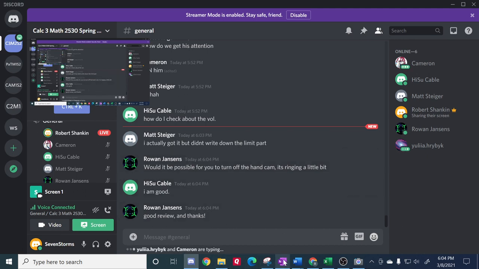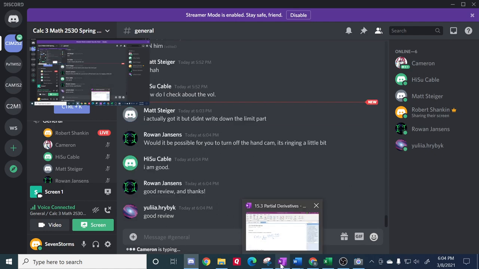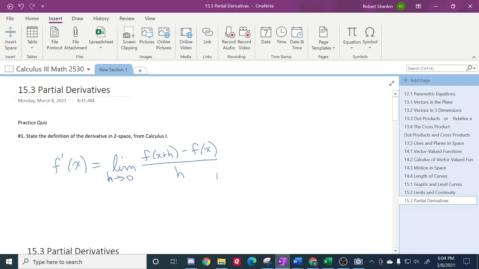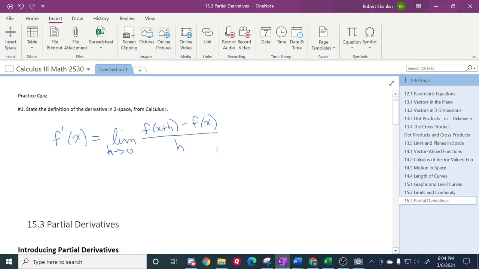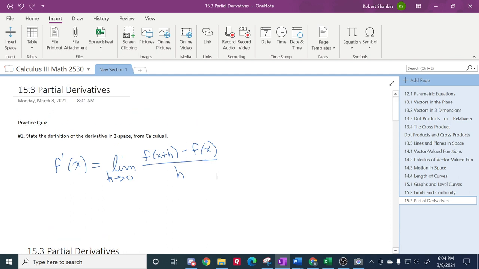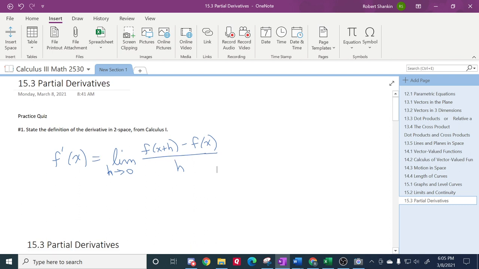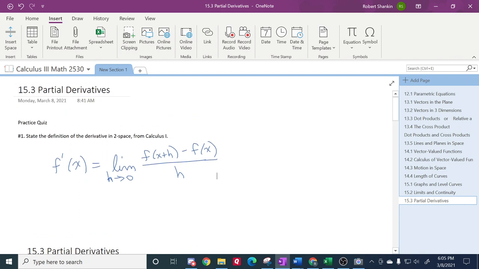Okay, all right, so what we're going to do is try to extend this ordinary derivative into 3 space. And you would think, all right, this is not going to be any problem. We can take the same definition, throw it into 3 space, but it turns out, no. In fact, when you're in 3 space, we don't use the term derivative anymore.